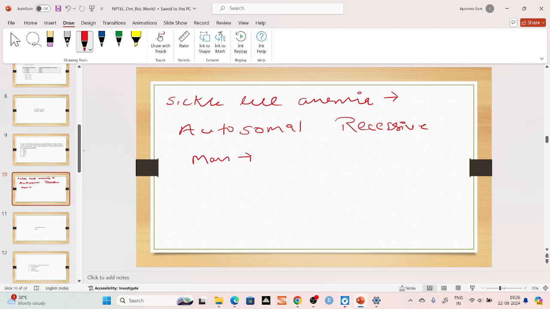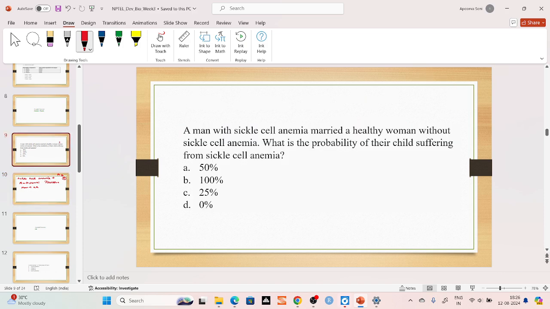So let's say if sickle cell anemia is coded by A, then the man is small a, because capital A is the dominant one and small a is the recessive one. The man has the disease, so this is small a, and he married a healthy woman without sickle cell anemia.